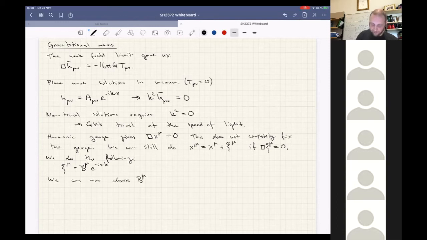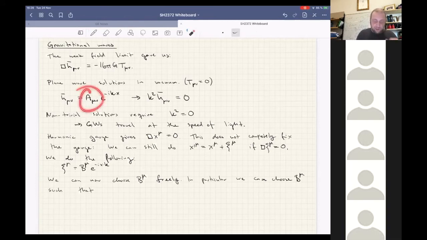So we can choose the amplitude here freely and still satisfy the gauge conditions. Using that freedom, in particular, we can choose B such that we can fix some of the components of those amplitudes.